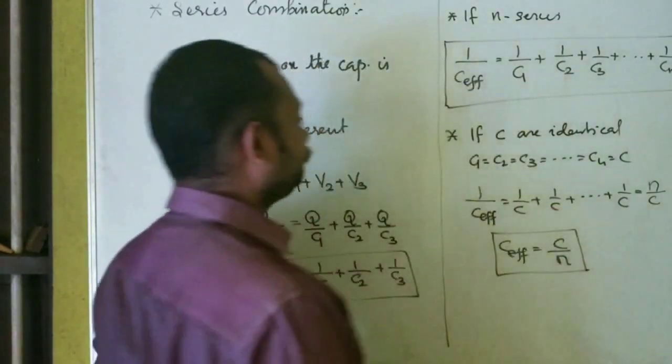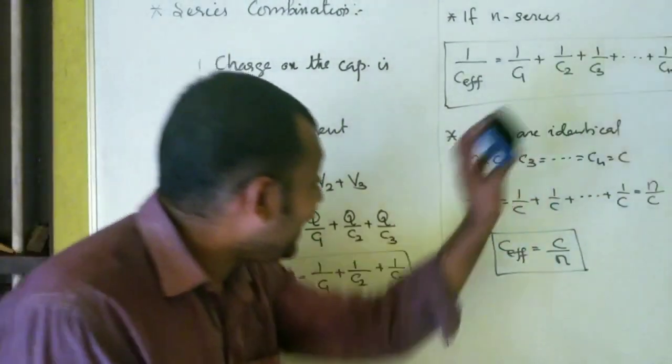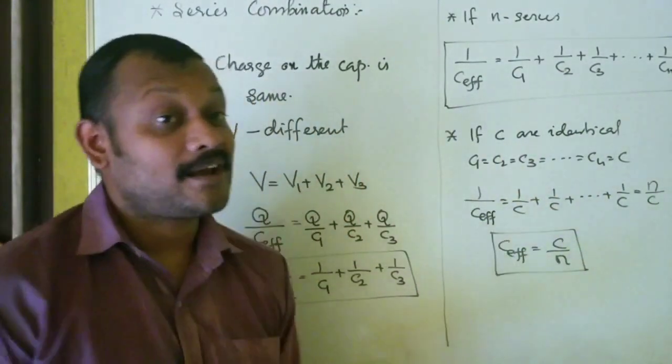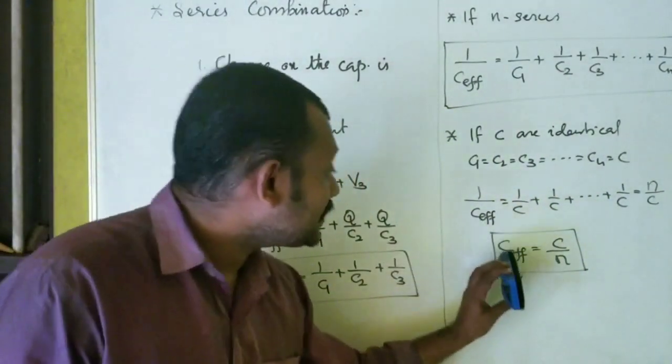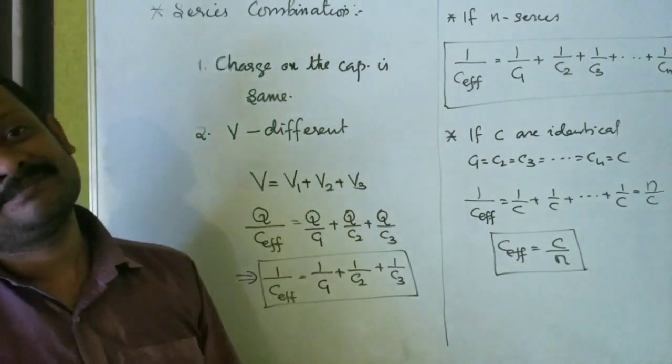When n identical capacitors are connected in series, C effective is equal to C by n.